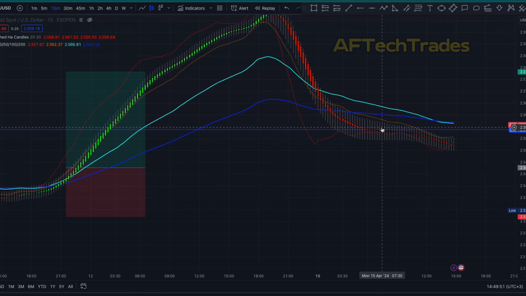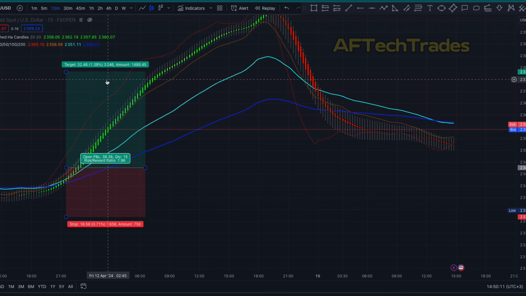That is when we'll be entering for a sell market, and our take profit will be the most recent swing low, and our stop loss would be the most recent swing high.